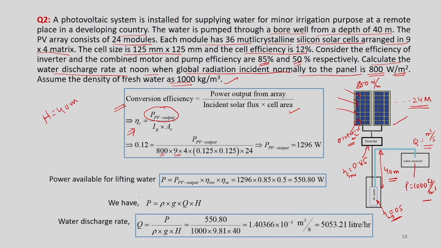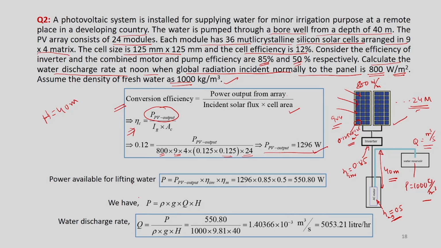These cells are arranged in a matrix of 9 by 4, that is 4 columns and 9 rows. Then the cell area is 0.125 multiplied by 0.125, and we have 24 such modules. From that we can calculate the PV output. It will be 1296 watt.